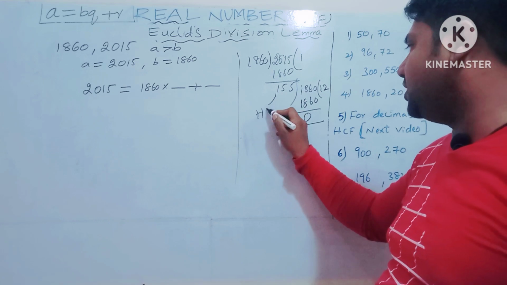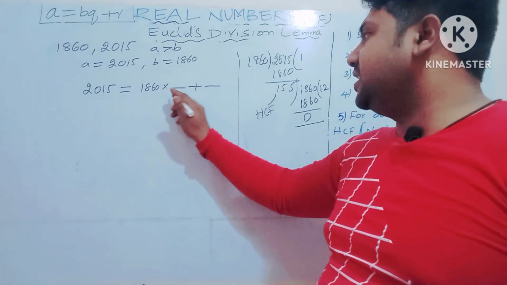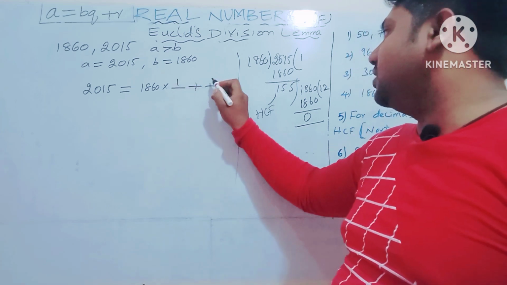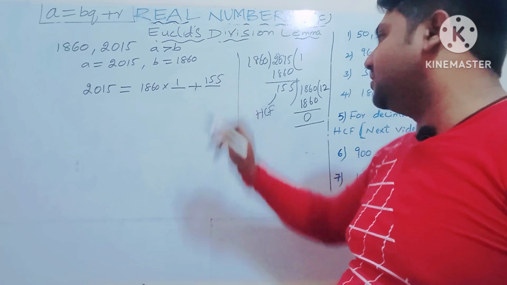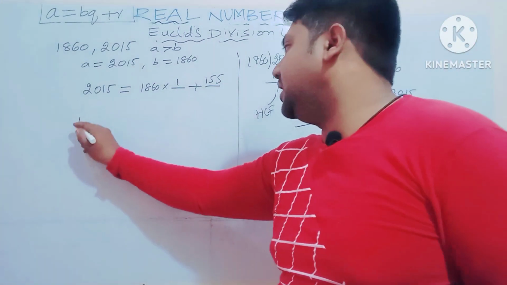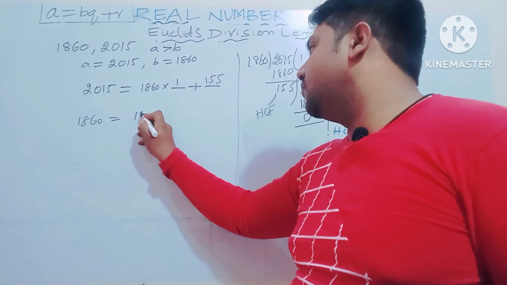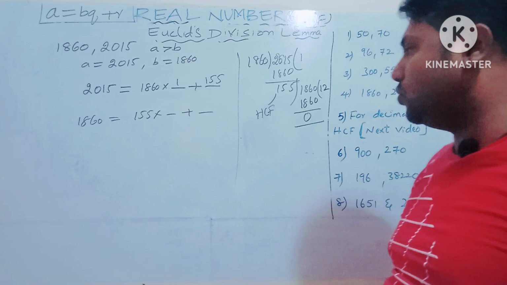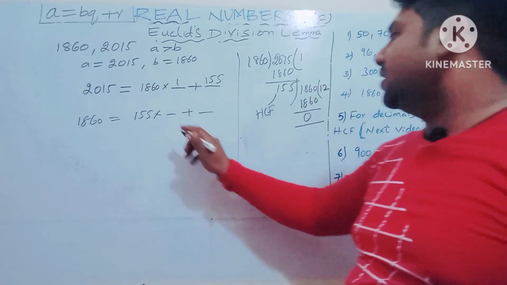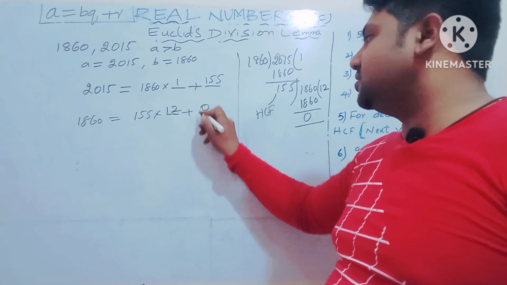Our HCF should be 155. So let us try here. 1860 into 1 will give 1860. The remainder will be how much? 155. Then 1860 is equal to 155 into something plus the remainder value. What is the Q value here? 12 plus 0.